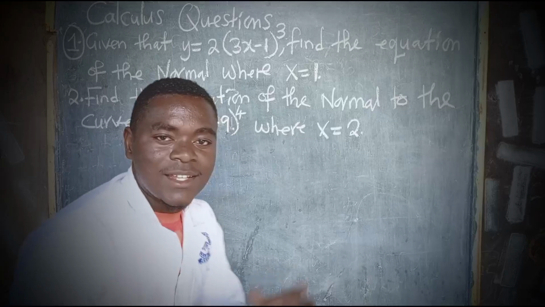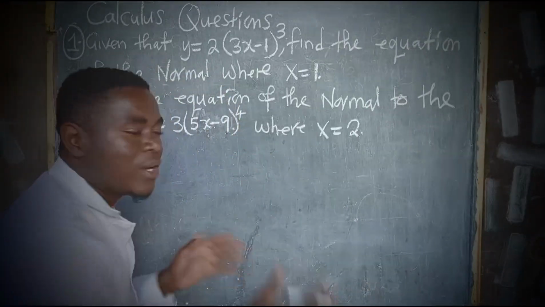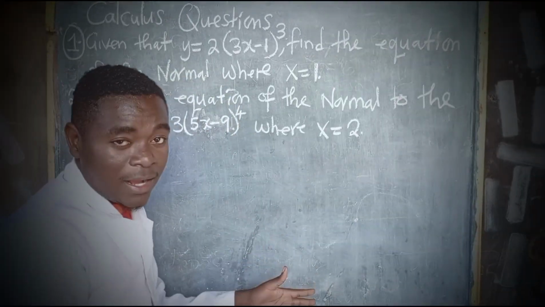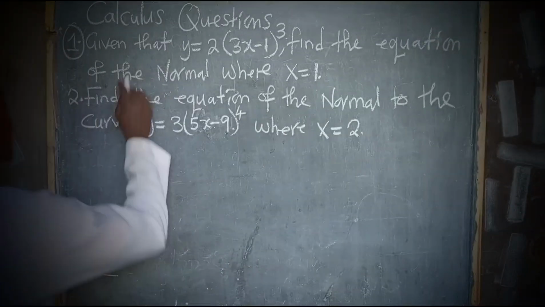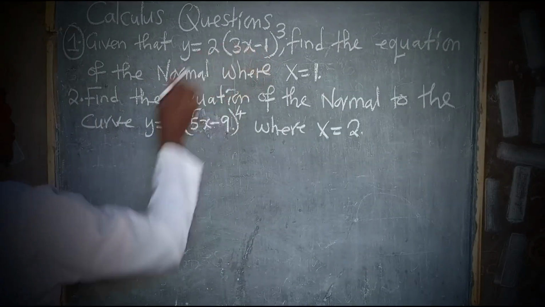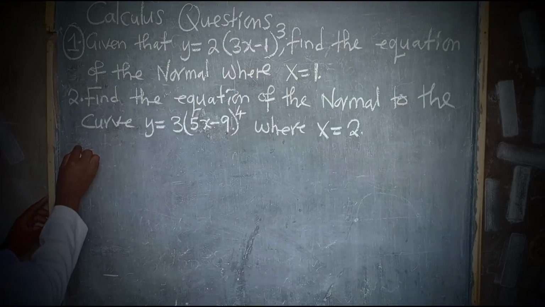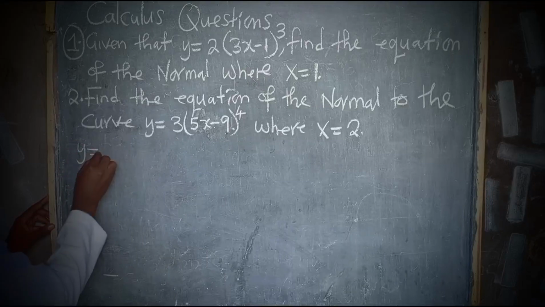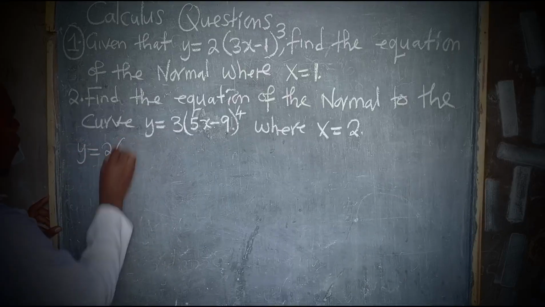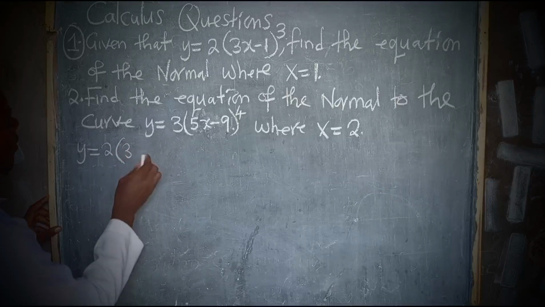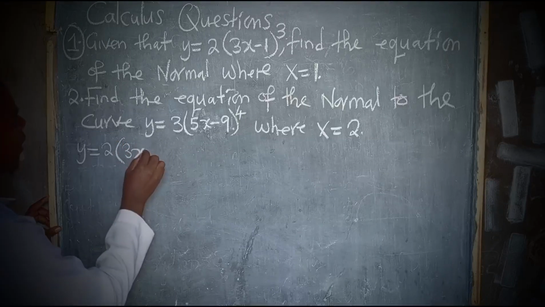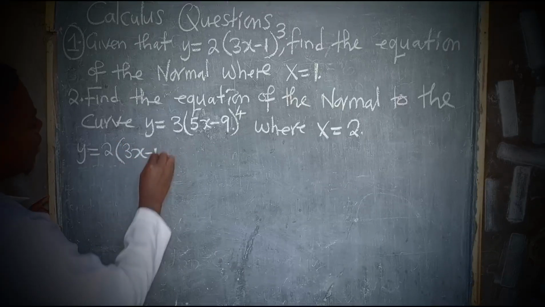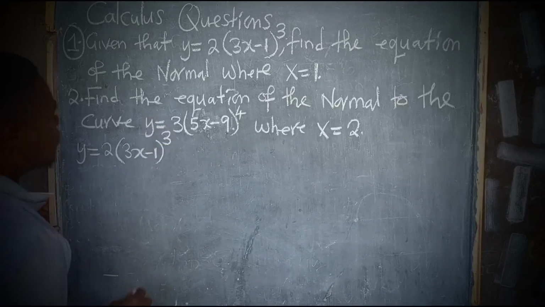These are two questions that we are given. I answer the first one, you answer the second one. Agreement. So, for me to answer this one, I'm going to get the equation that is given. y is equal to 2(3x minus 1) to the power 3.